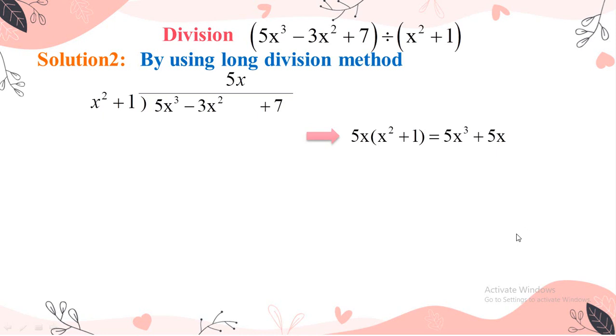Now, I see 5x^3 minus 5x^3 is equal to 0.